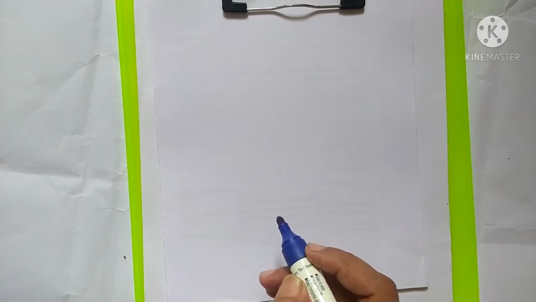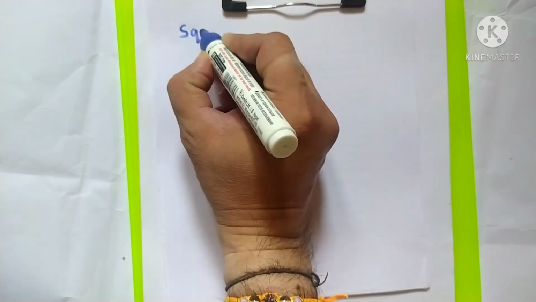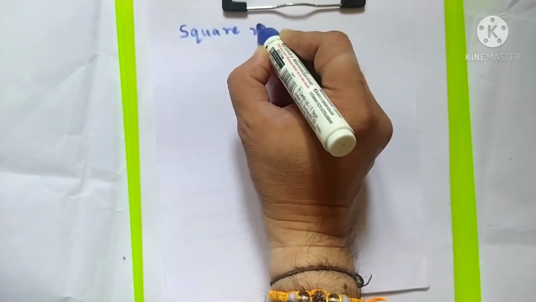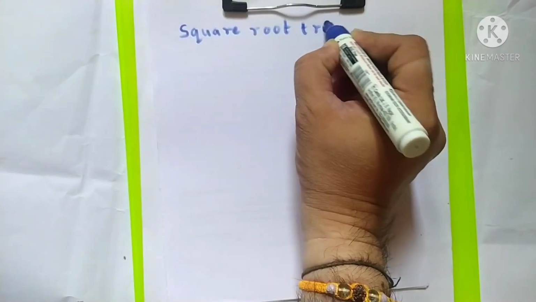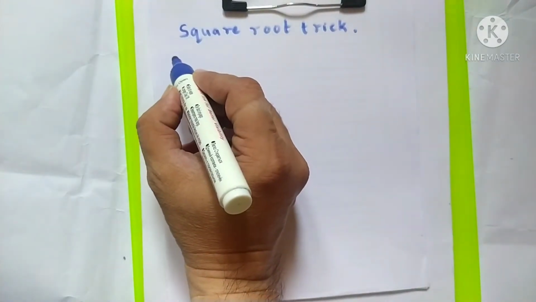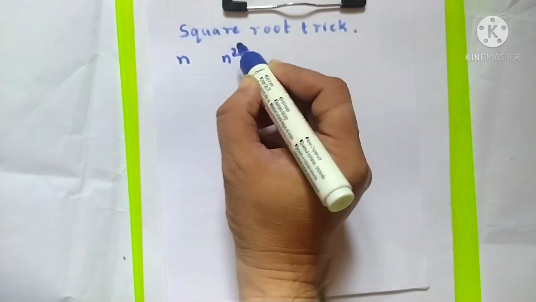In this video I am going to show you a square root trick. For that you have to remember the table of n and n square.